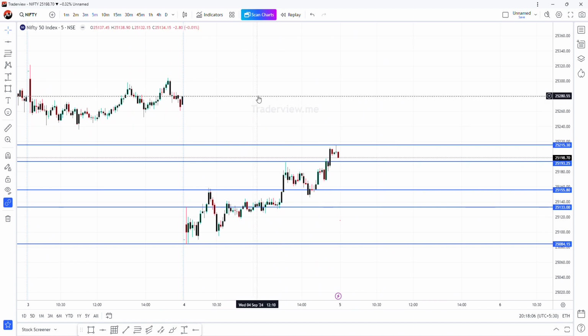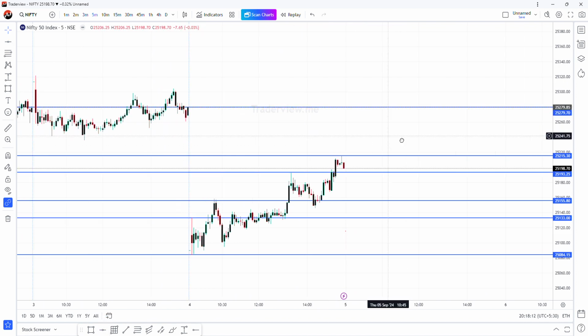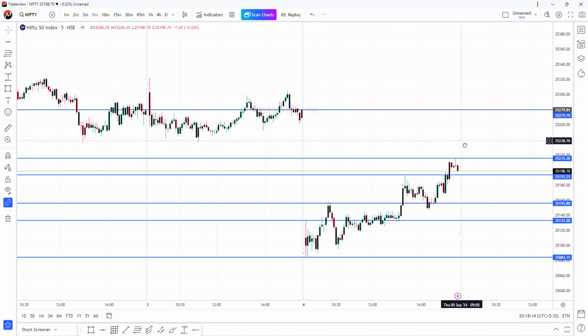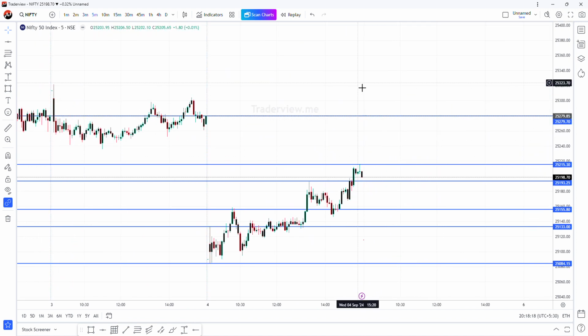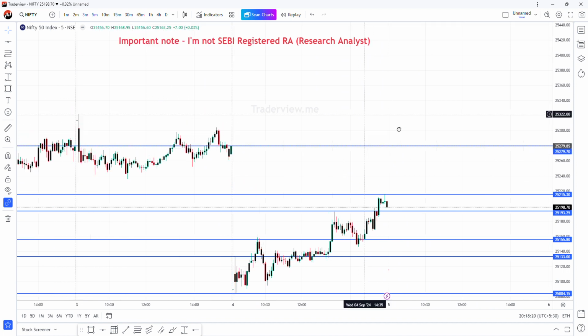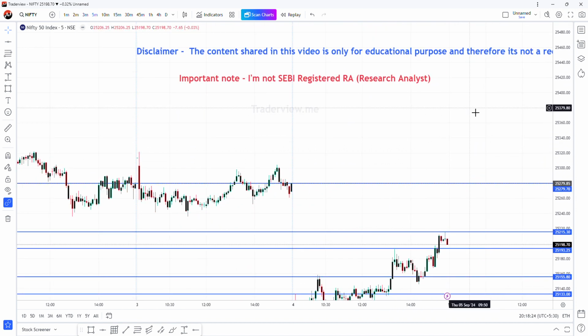So I will consider this level very important for us to watch. If Nifty breaks this level, certainly the Nifty will again start moving towards the upward direction.